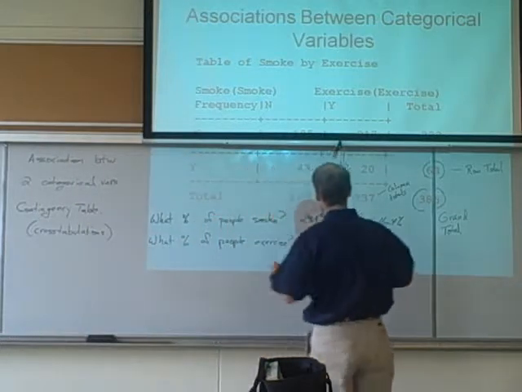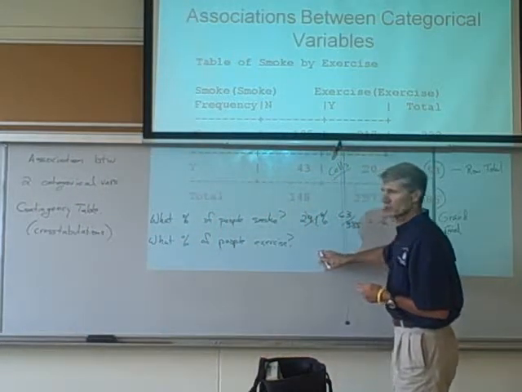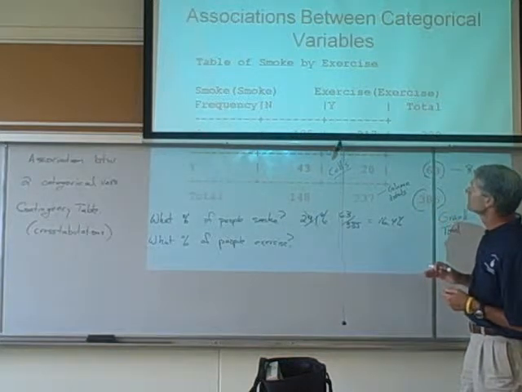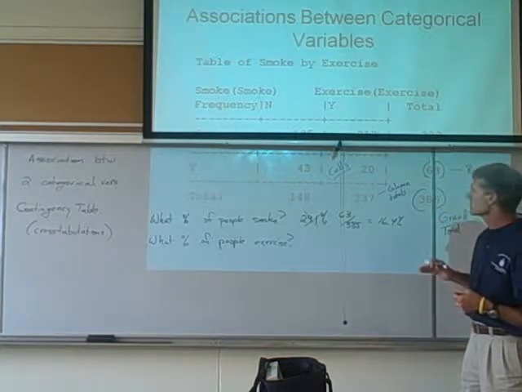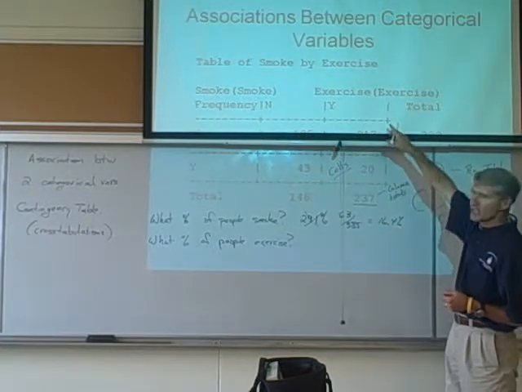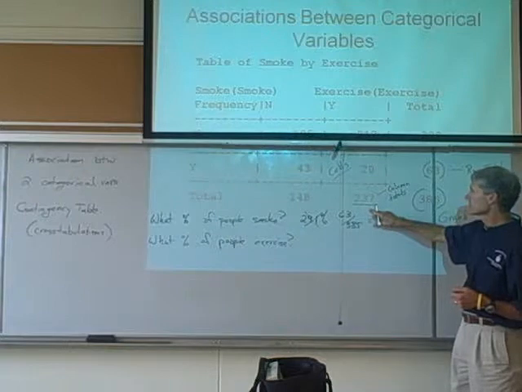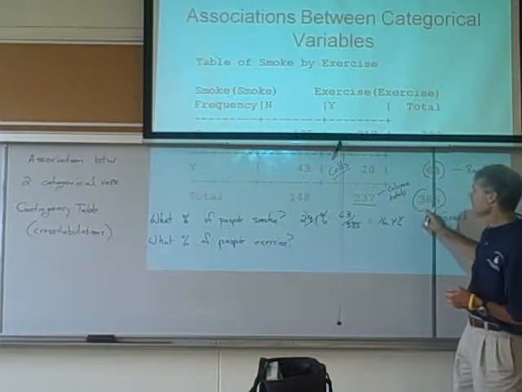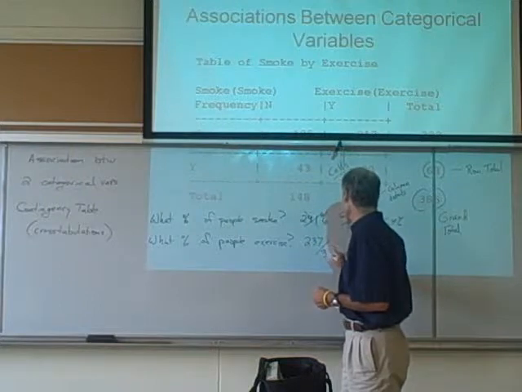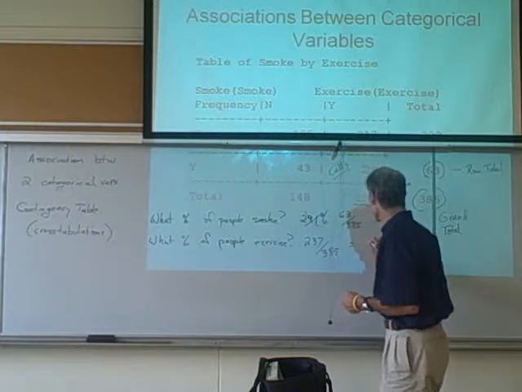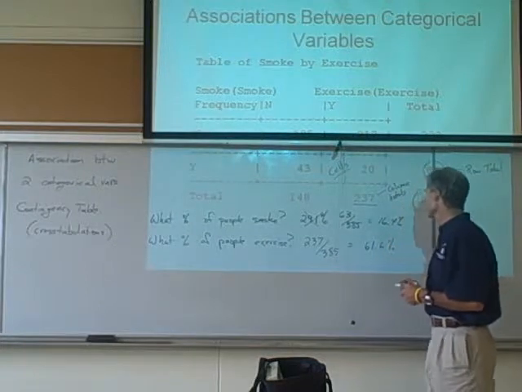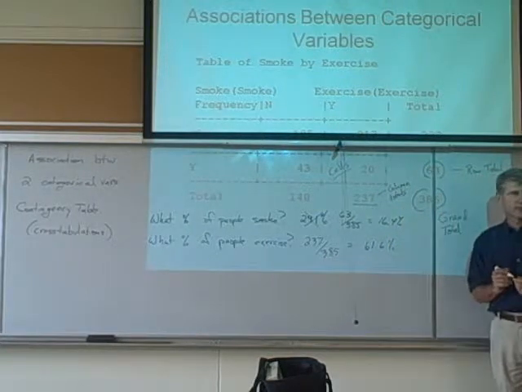Okay, first tell me what two numbers you divide. I divided 237, the column total for yes to exercise, divided by 385. Very good. So 237 divided by 385, and you said that's 61.6%. Everybody getting that?